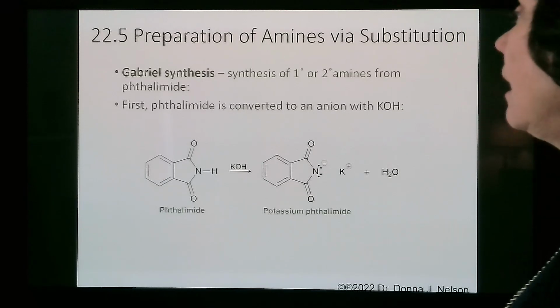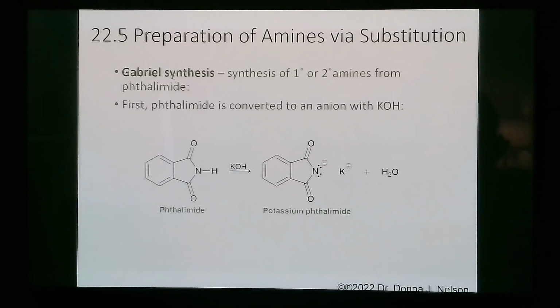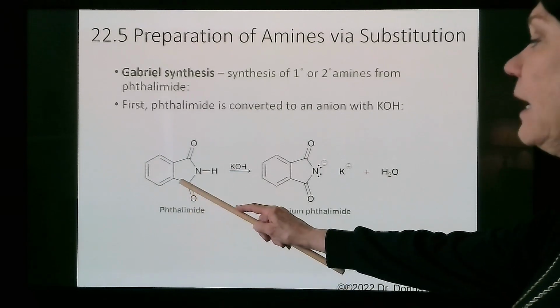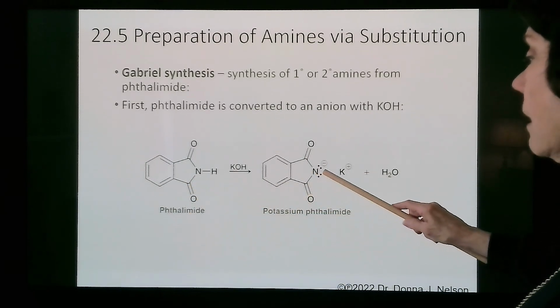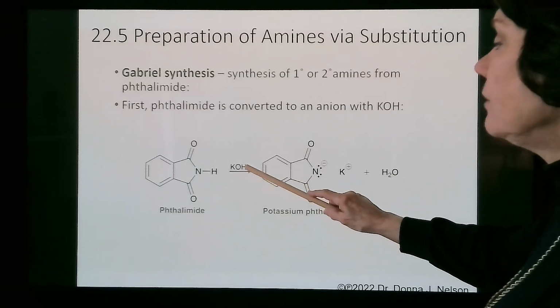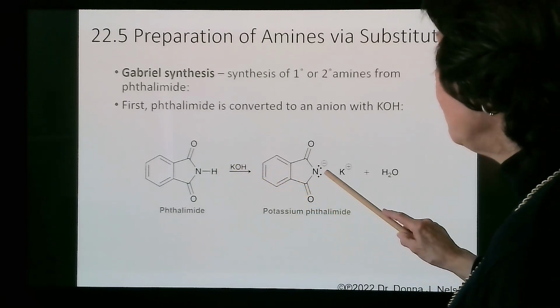Now there's another synthesis, the Gabriel synthesis. This can be used for primary or secondary amines from phthalimide, and the phthalimide is converted to an anion using potassium hydroxide.